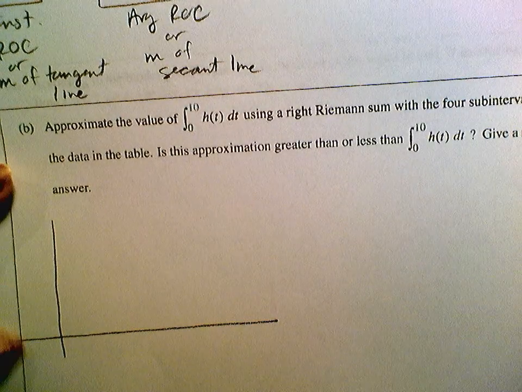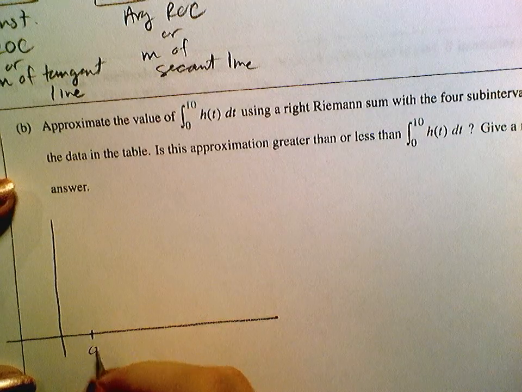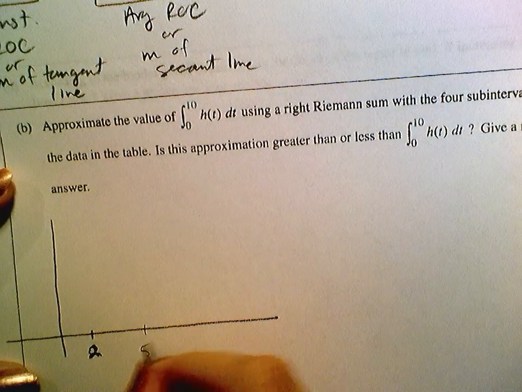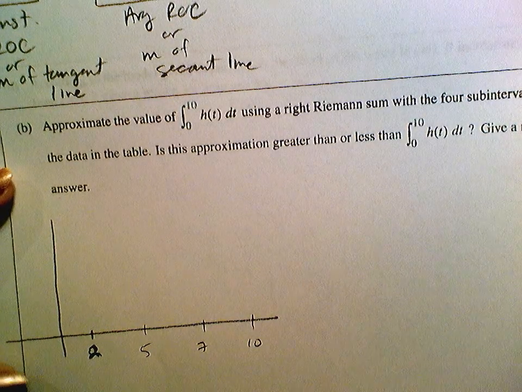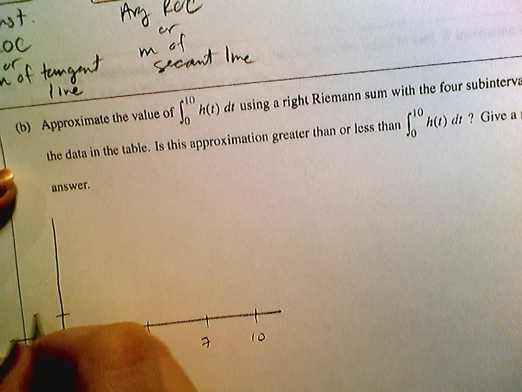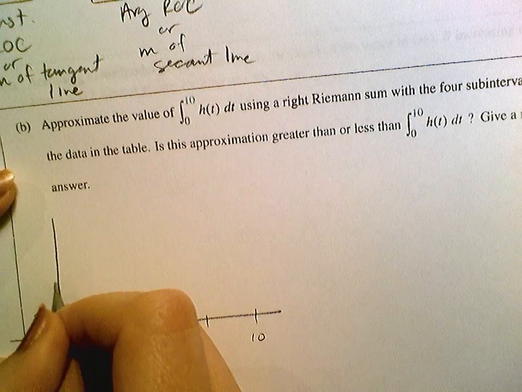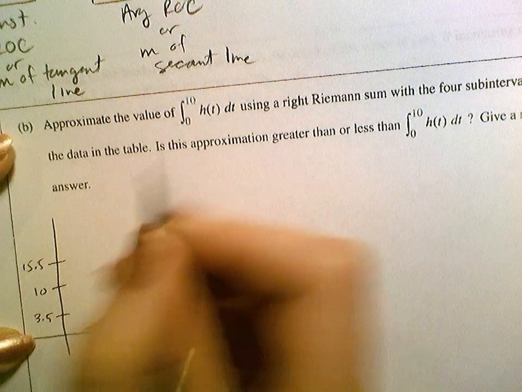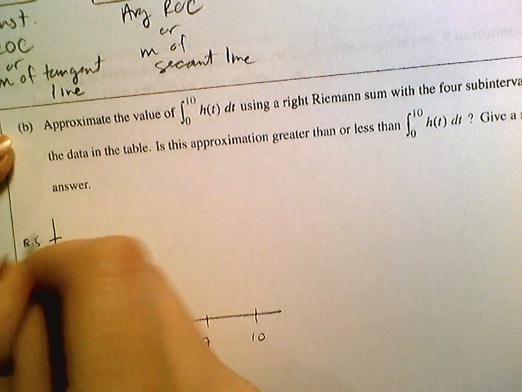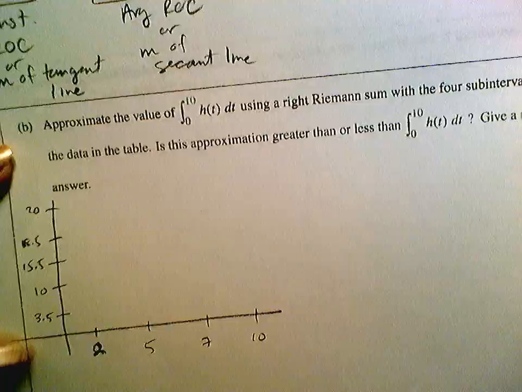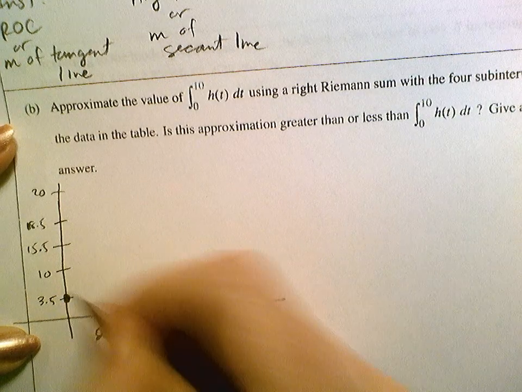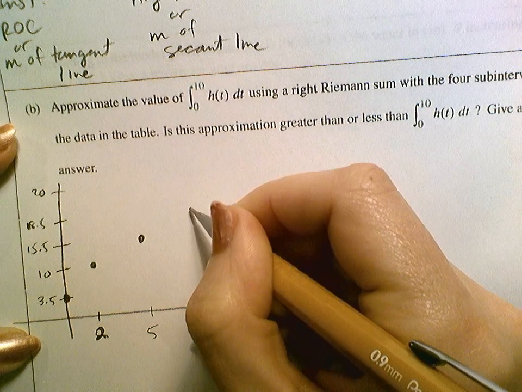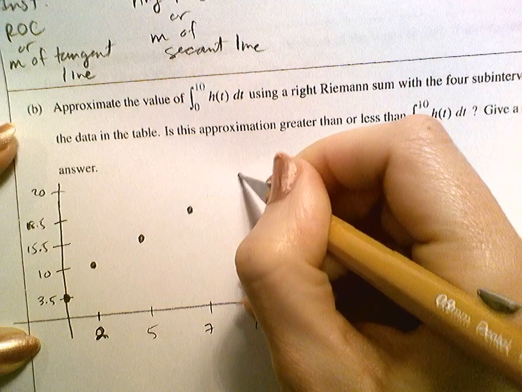All right, so the x values I'm putting down, and then the y values, and they're all going up because it's an increasing function. 10, 15.5, 18.5, and 20. Okay, so we've got 0 that, 2 that, 5 that, 7 that, and 10 that.